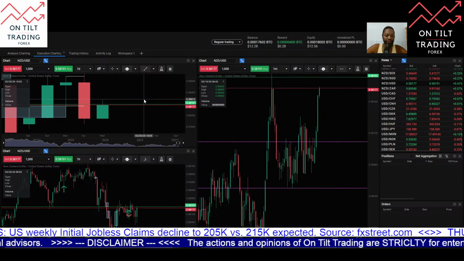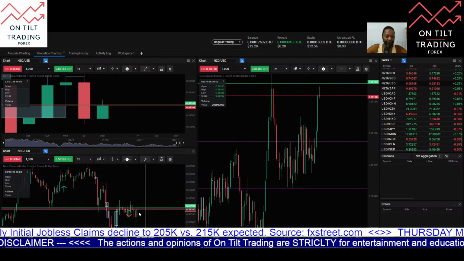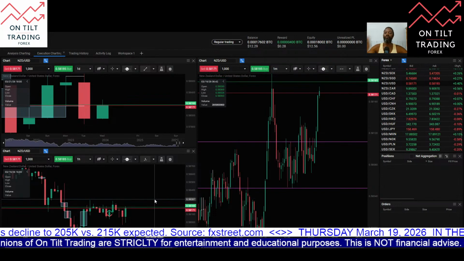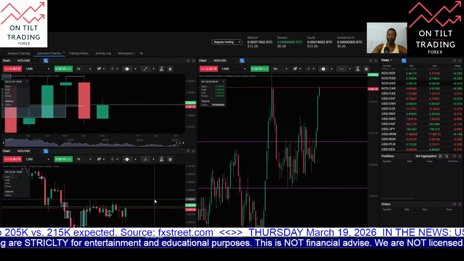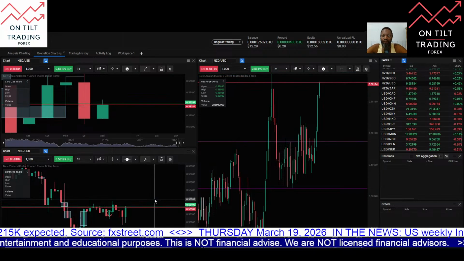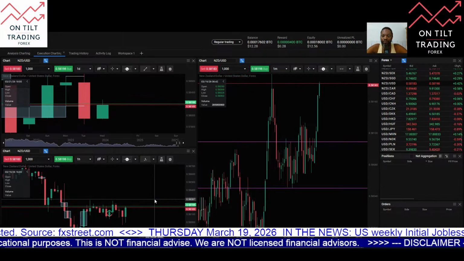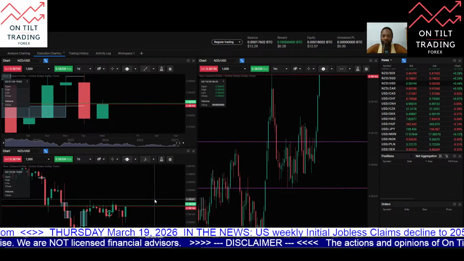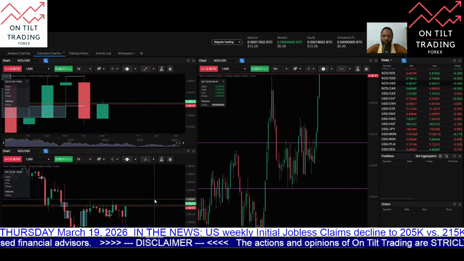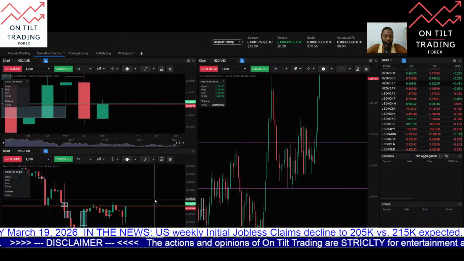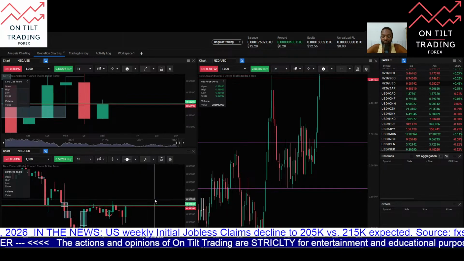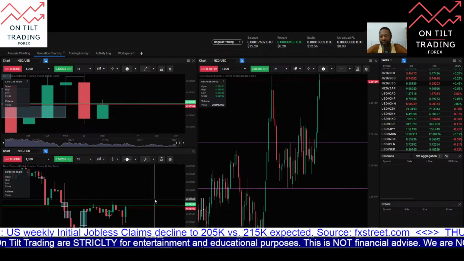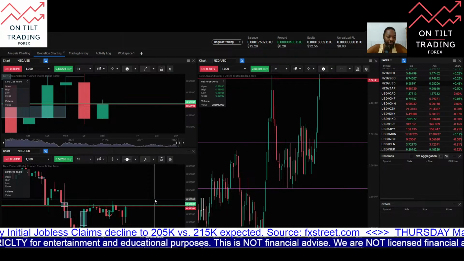See dollar yen pulling back more aggressively as well. Seems like these want to do everything except for deliver into price here.